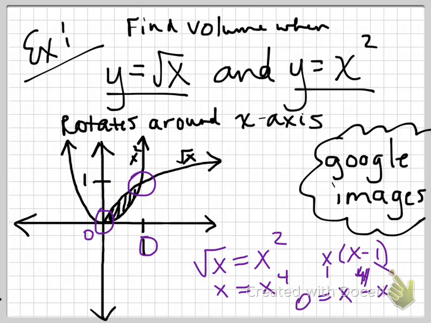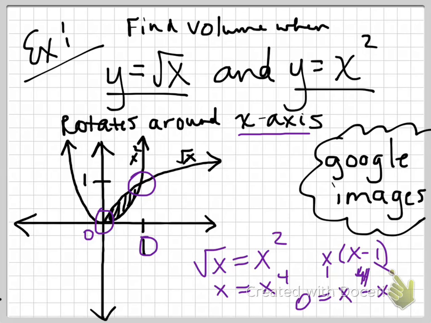Okay, so we're still going to do top minus bottom for our area, except this time we're going around the x-axis. So we need to find two radii. Here's my process. I always start with the line of rotation.